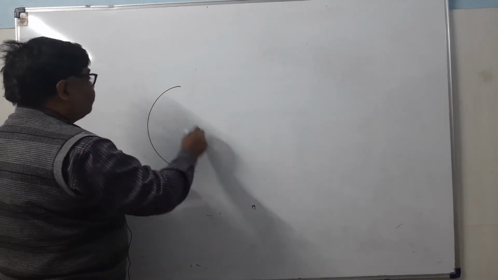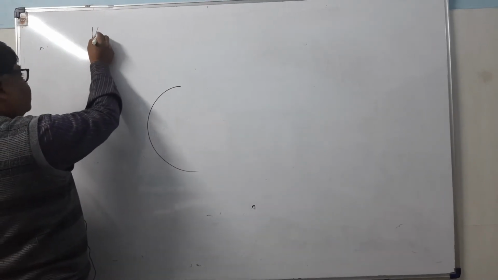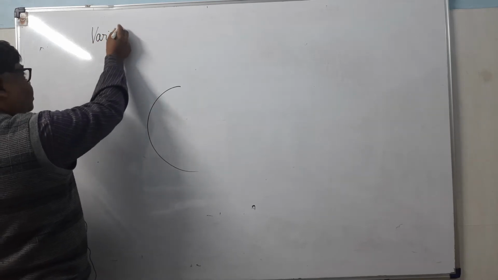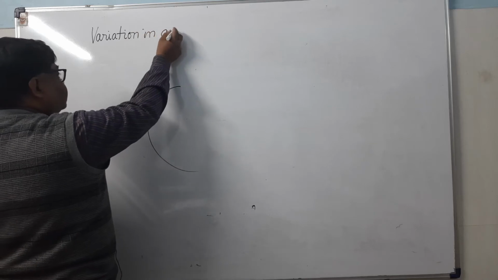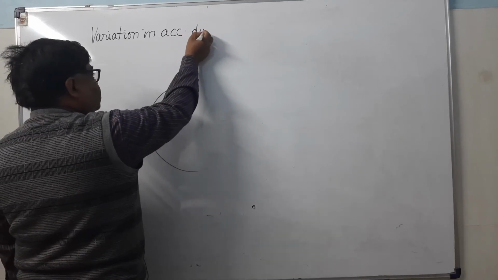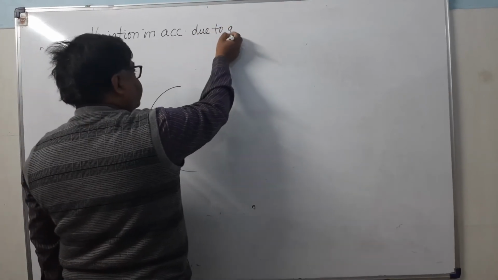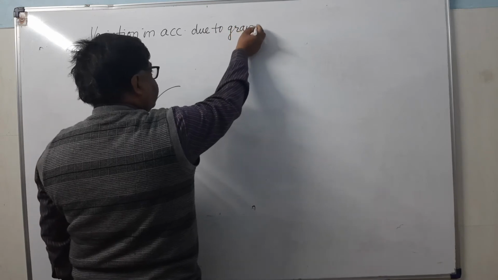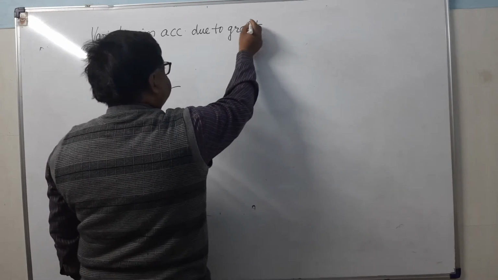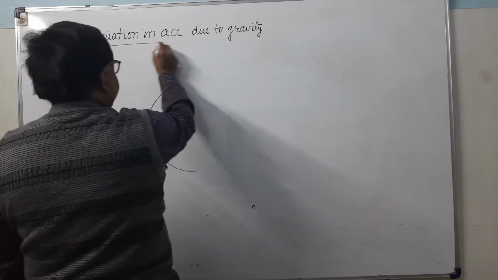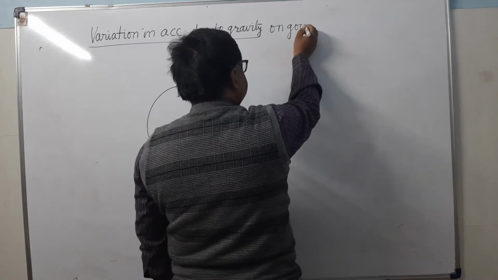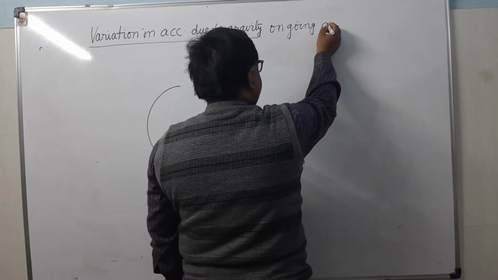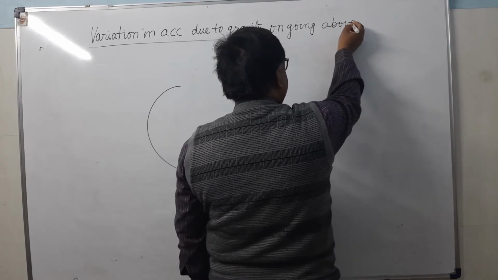Now see here, the variation in acceleration due to gravity on going above the Earth's surface.